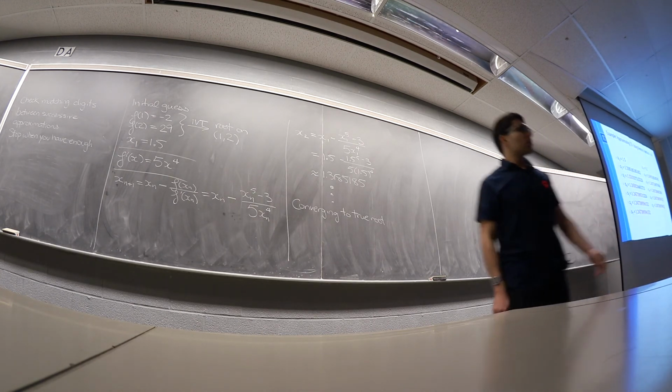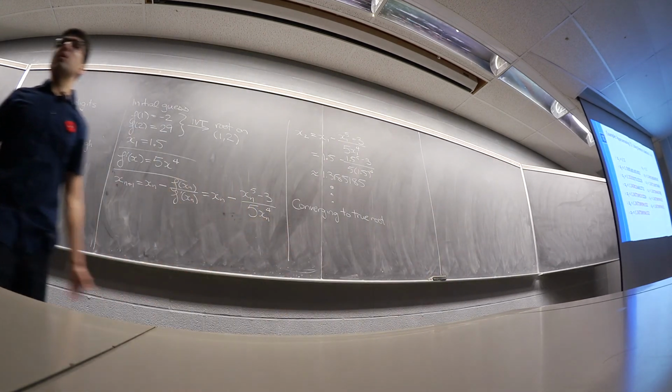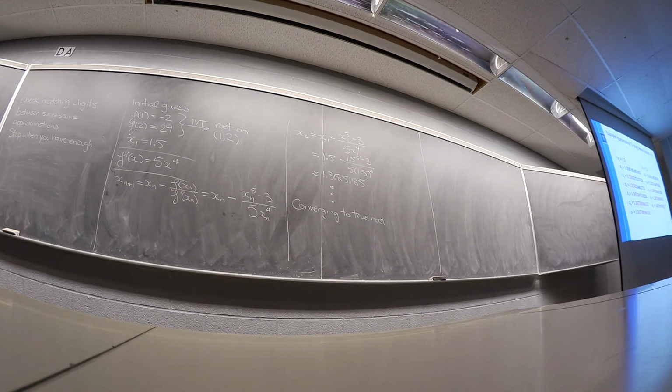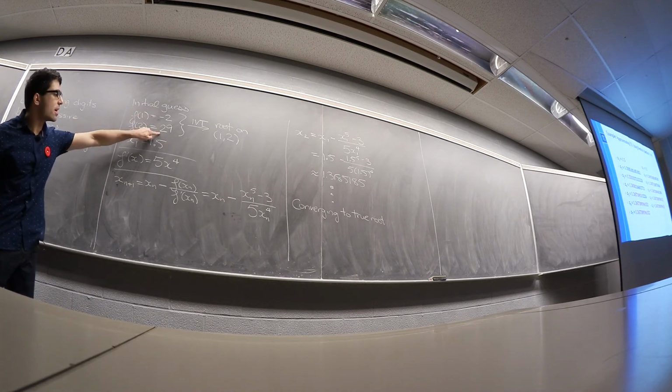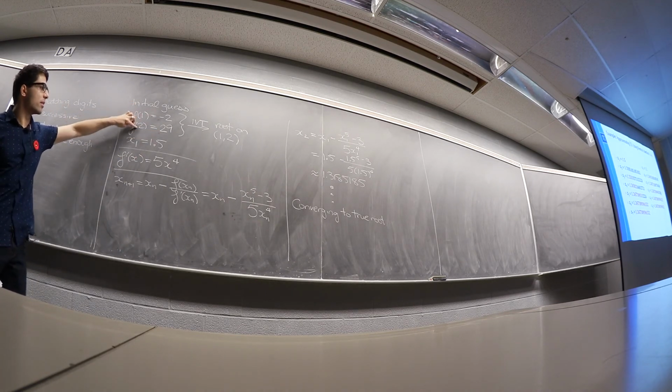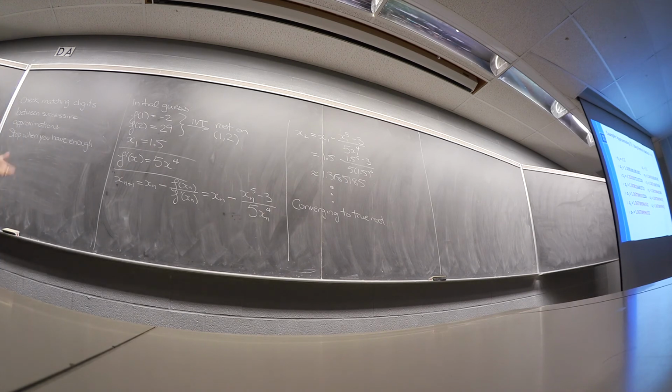But the thing is fast as hell anyway, so it barely matters. Another way to think about it is that this is a lot closer to 0 than this is, so you'd expect your root to be closer to 1 than to 2. So you might guess 1.2 rather than 1.5, and you might get to your answer slightly faster. Initial guesses matter.